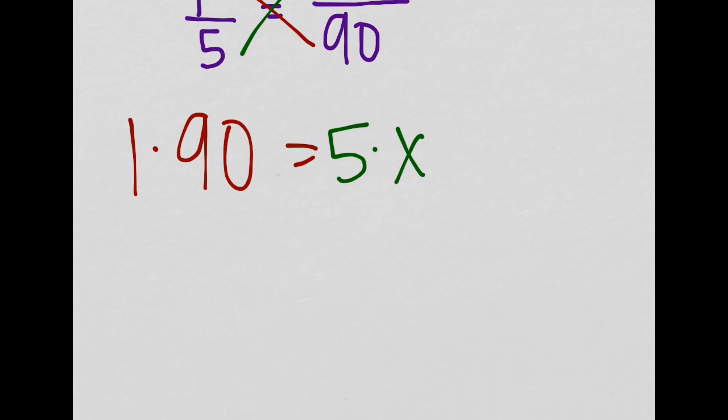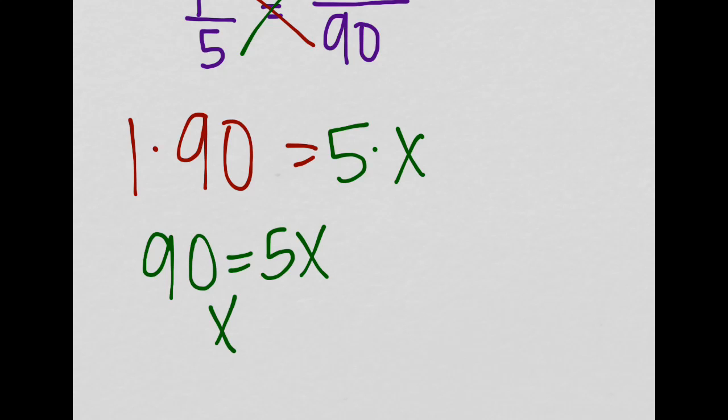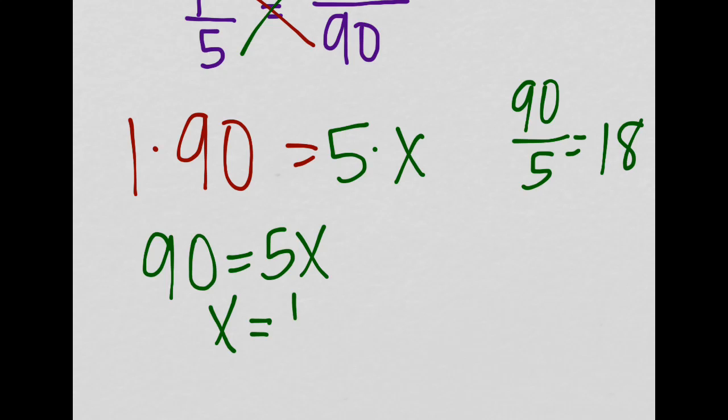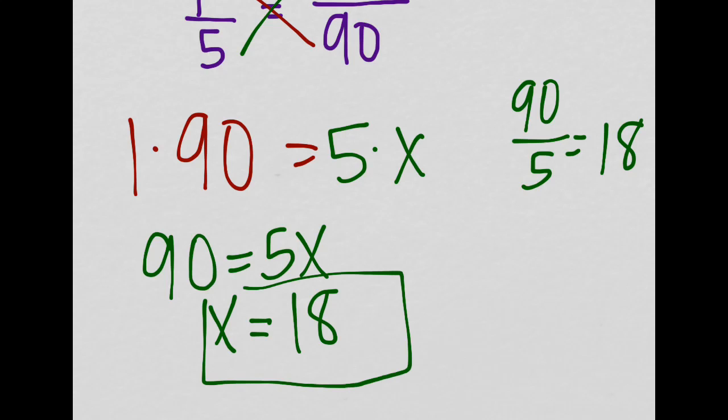This can be rewritten as 90 is equal to 5x. So x is equal to 90 over 5, and 90 over 5 is equal to 18. So x is equal to 18, and Mathak is therefore 18 feet tall.